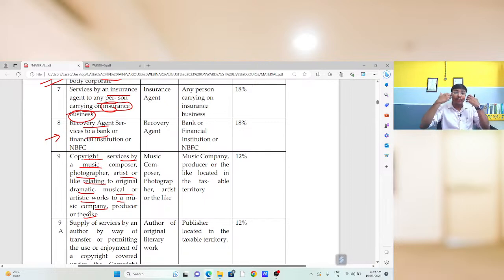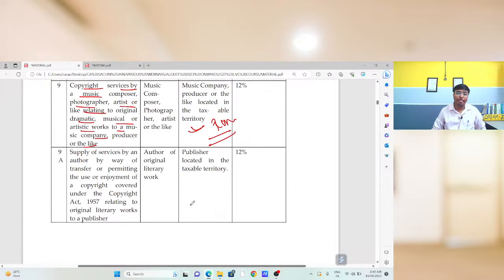In that case they are supplying services to that music company, to that producer, to that film producing entity. Those music composers, photographers, artists are not liable to make the payment of taxes under forward charge. The recipient, that is the music company, is liable to make the payment of taxes under reverse charge mechanism.